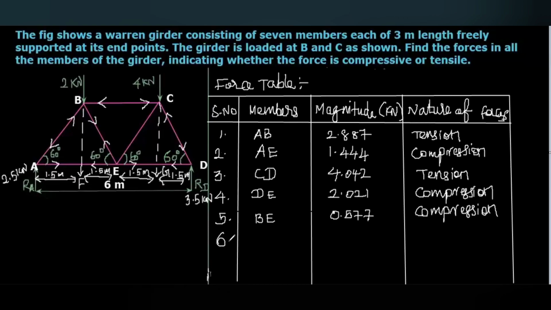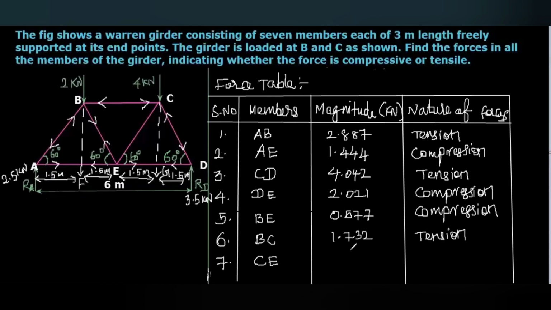Then sixth one, that is BC. We calculated the value 1.732 kilonewton. Here in BC you can see that is tensile in nature. So that is tension.